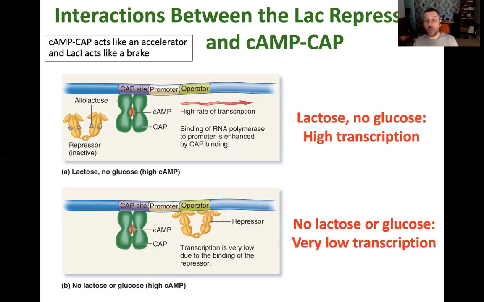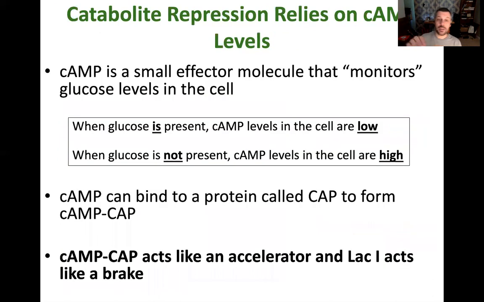So what we've learned so far is that when lactose is present, there's going to be no lac repressor bound, right? We've talked about that in detail. Now, I just told you that when glucose levels are low, cAMP levels are high. And what that means is there'll be a lot of this cAMP-CAP accelerator around in the cell.